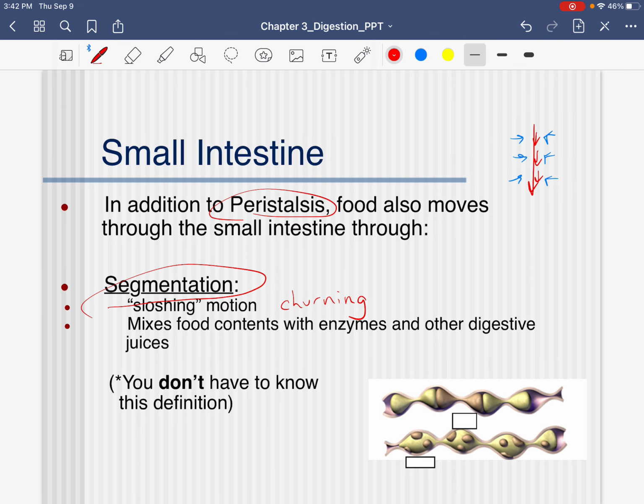But in the small intestine here, now we do some peristalsis in the small intestine, but we also do a lot of segmentation. These are supposed to show arrows like around. So now instead of just going in a linear direction of pumping food, now we kind of turn it. We twist it, we churn.